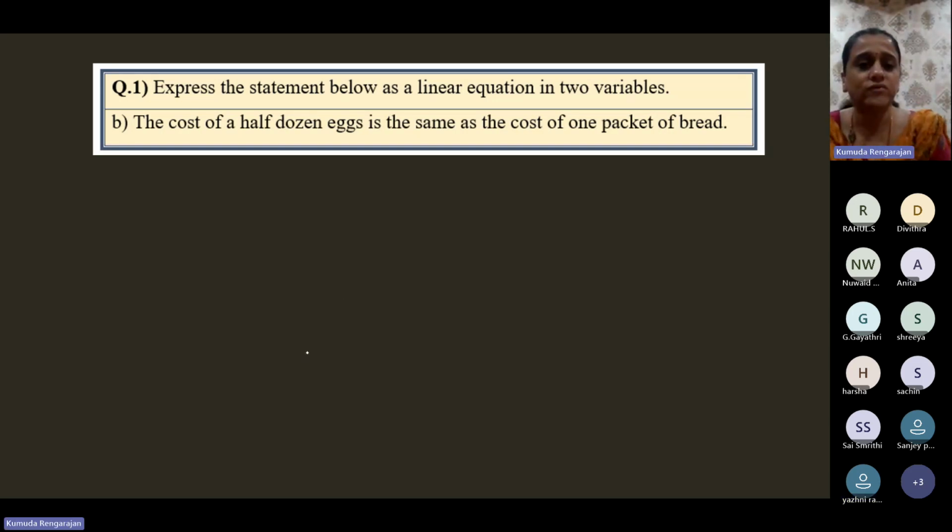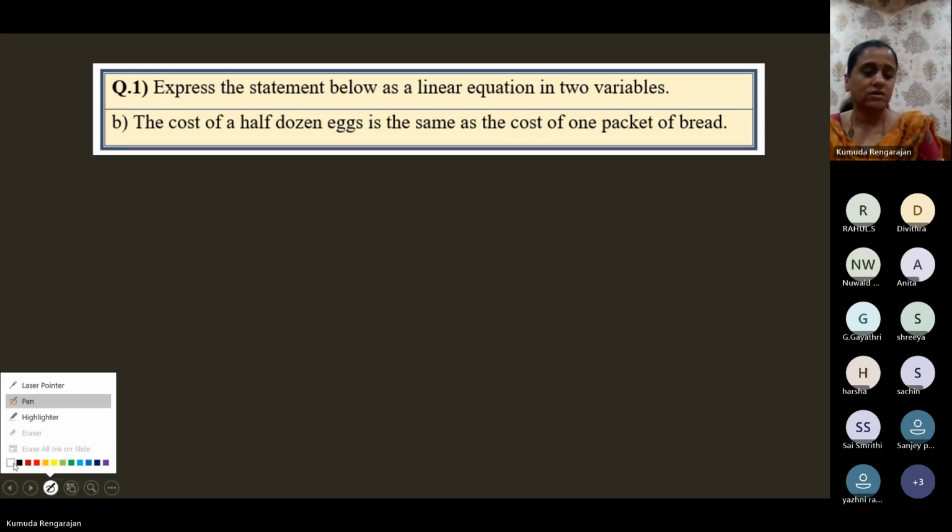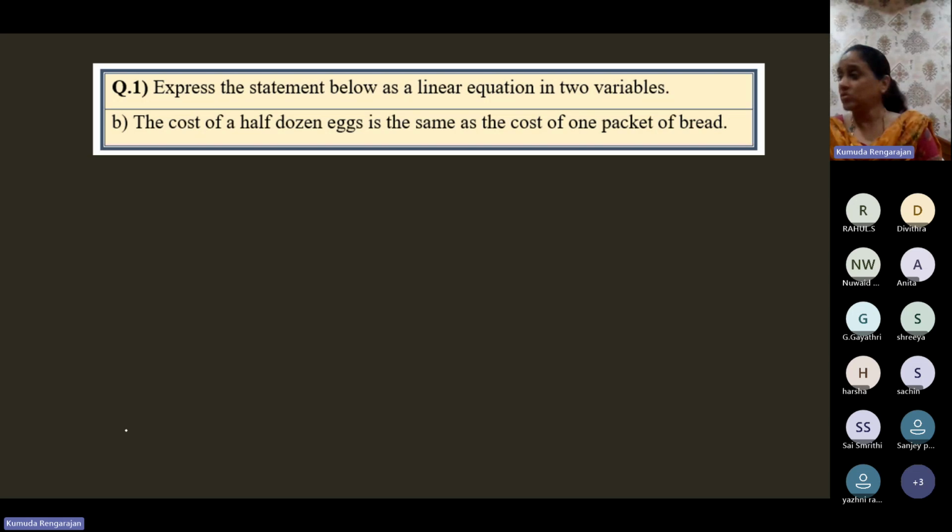The cost of half a dozen eggs is the same as the cost of 1 packet of bread.